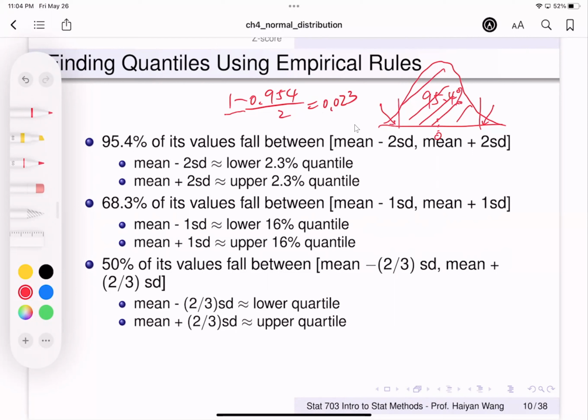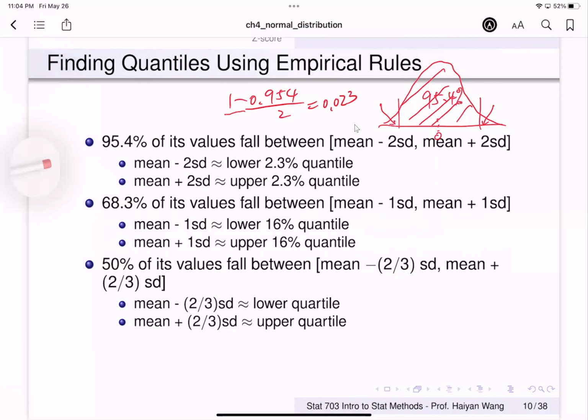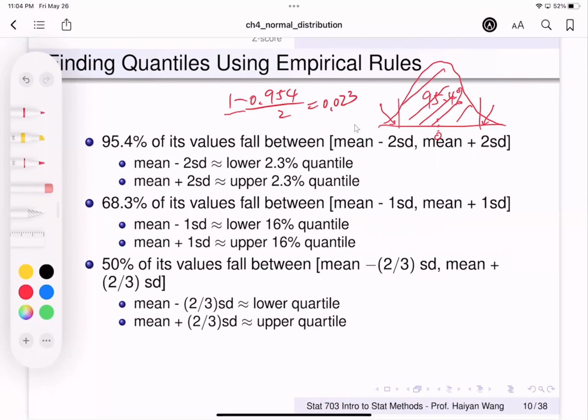Therefore, when we consider this value on the lower side, this is really the 2.3 percentile of the distribution of the variable.